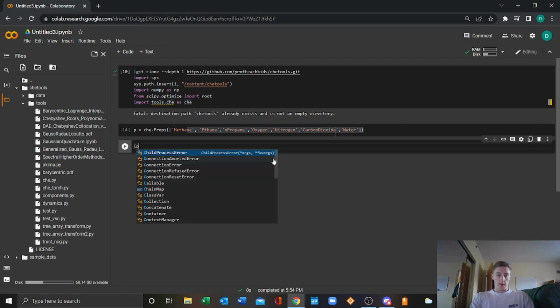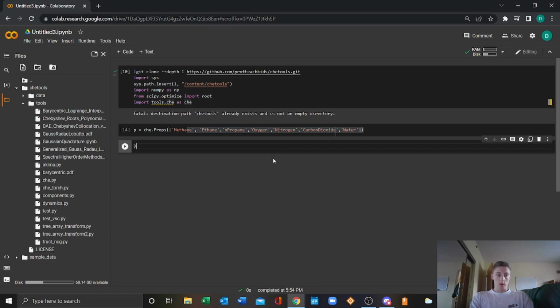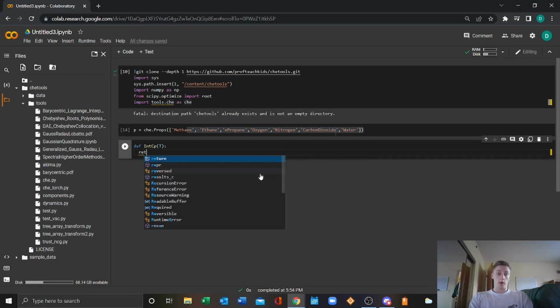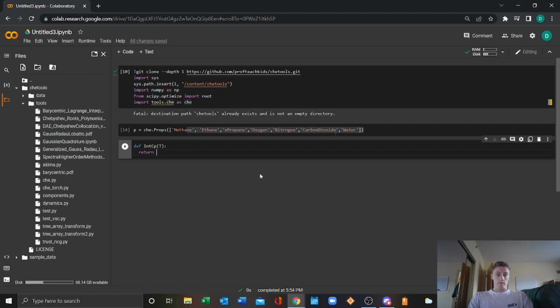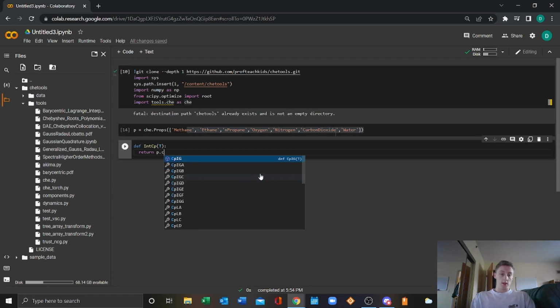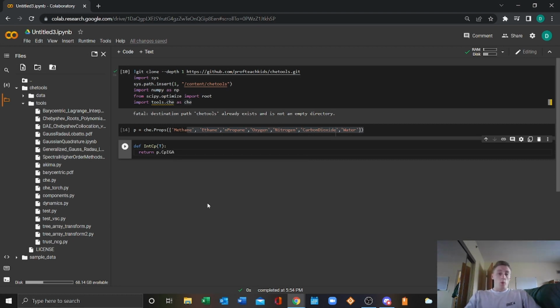So we're just going to define this function as int CP and then t, and what we want to return is just that equation. So it will be p dot cpig, and we're just trying to grab our CHE tools from the document that I imported earlier.